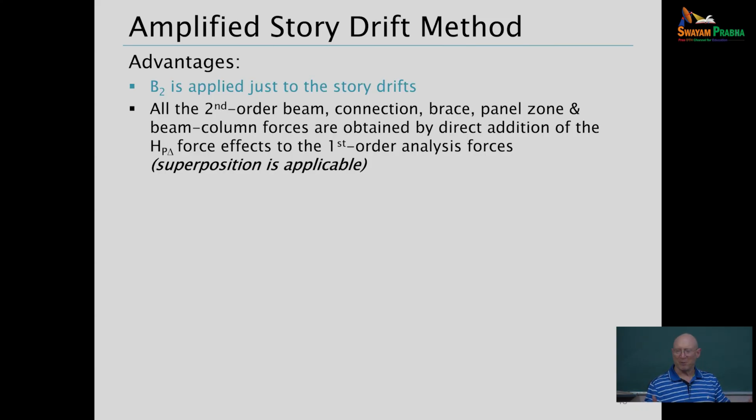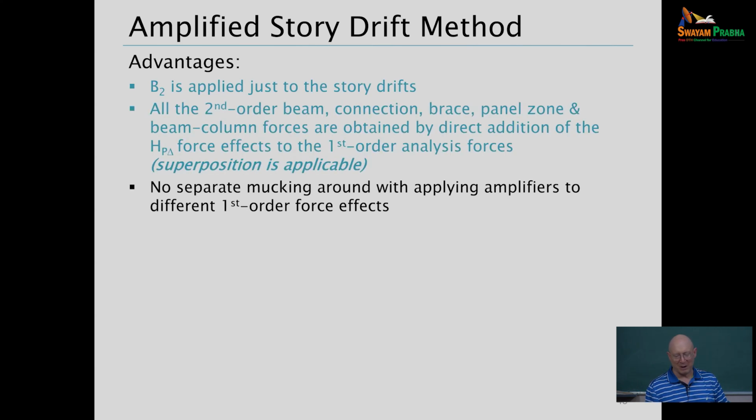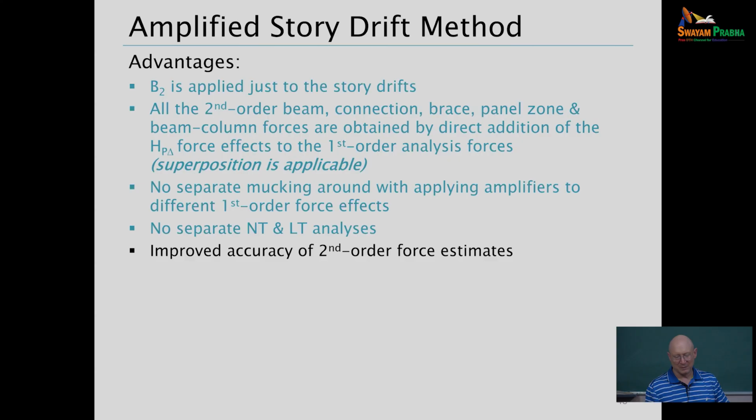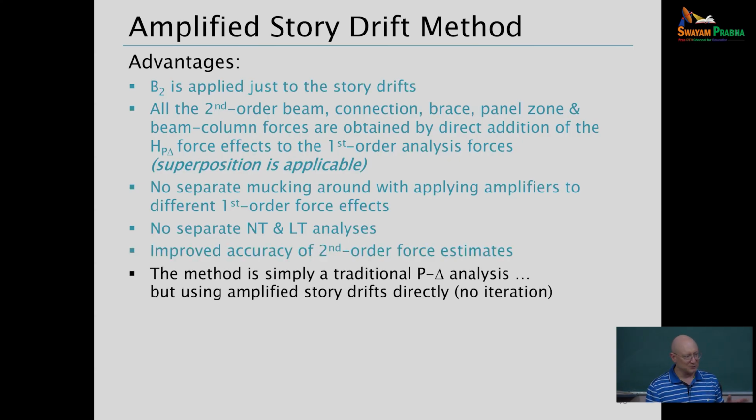It's a very general way of applying these simple amplifier equations. We're not messing around with applying separate amplifiers to different first order effects, NT and LT, so no separate NT and LT analyses. And it tends to give a little bit better accuracy in general than the NT LT approach. Again, it's simply a traditional P large delta analysis, but using the amplified story drifts, so there's no iteration.